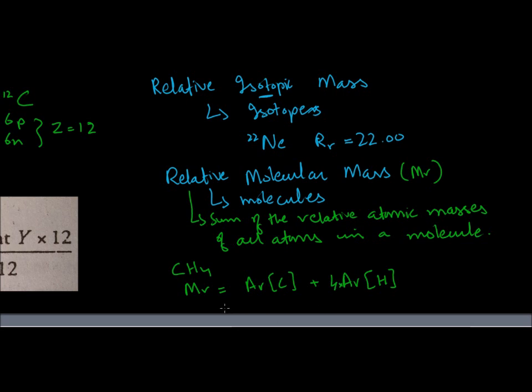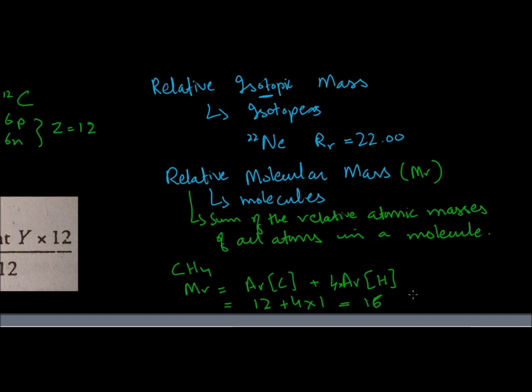Now you can go to the periodic table and you will know that the atomic mass of carbon is 12, right, and for hydrogen is 1. So this will give you a relative molecular mass of 16 for CH4. Okay, simple. And later on we'll just use molecular mass instead of relative molecular mass. Just simpler to say that.